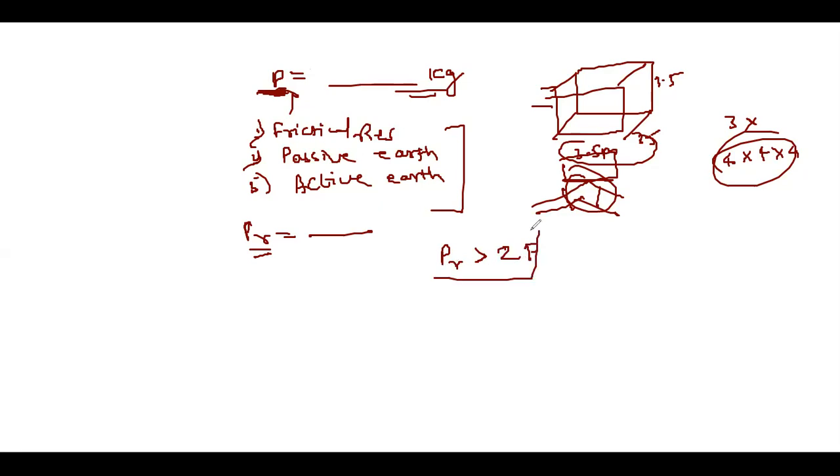Because here we are considering a factor of safety greater than 2. For this factor of safety, the value of PR should be greater than 2P. And if this value of PR, the total resistance offered by the thrust block, is coming less than or equal to 2P, then what do we have to do?